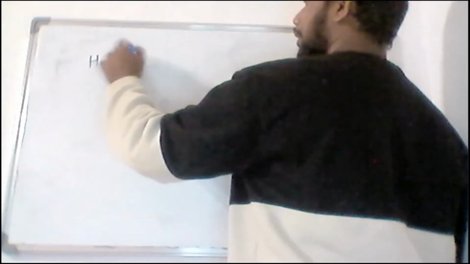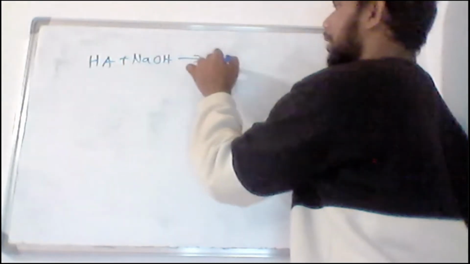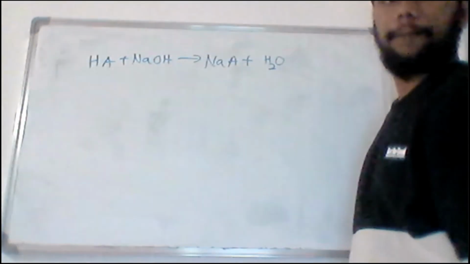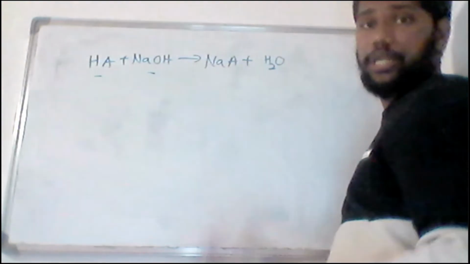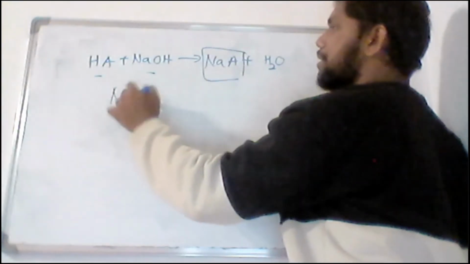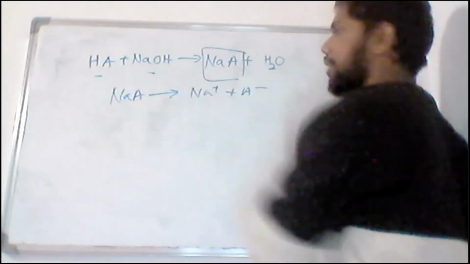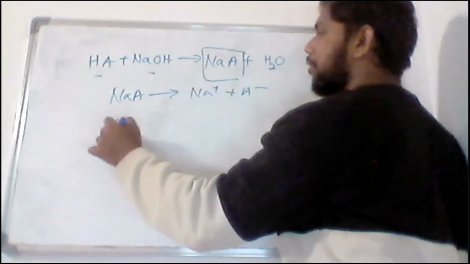Okay, so we have HA reacting with NaOH. So it will basically form NaA plus water. At the equivalence point, there will be no HA or NaOH. There will be only NaA. Since NaA is a salt, it will form Na plus and A minus. This A minus will not remain as it is.